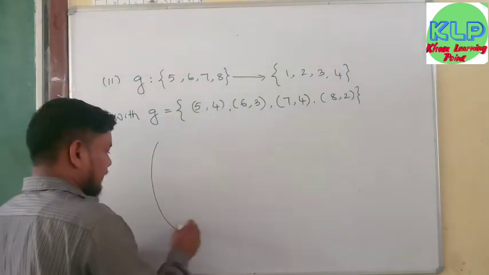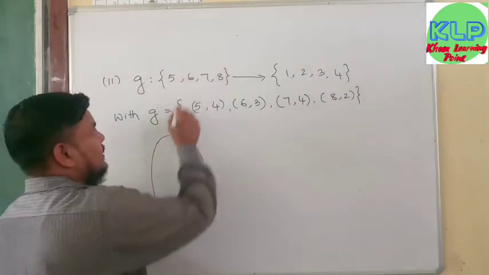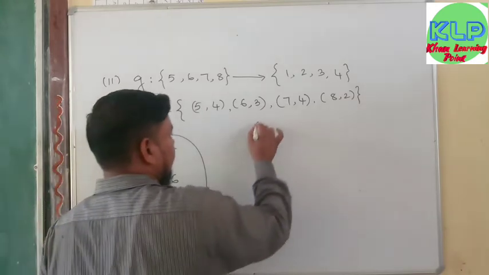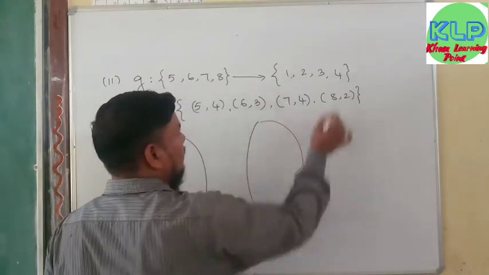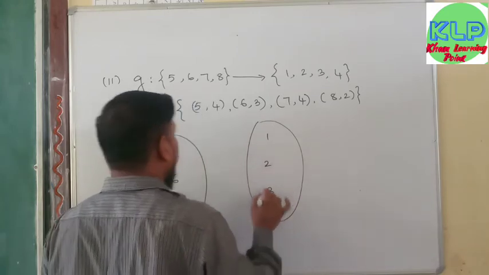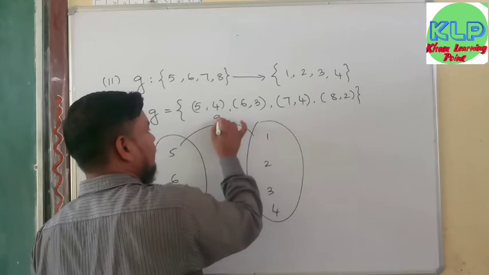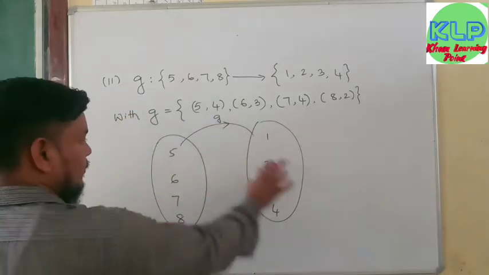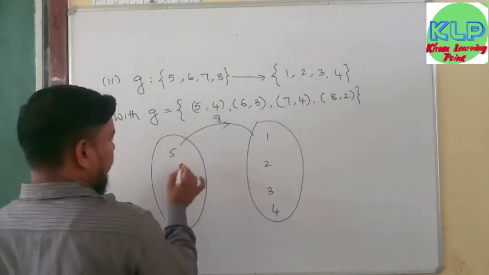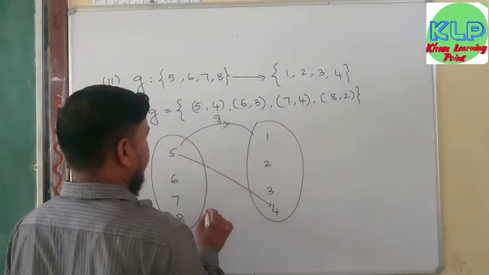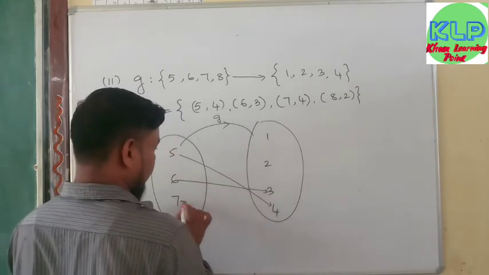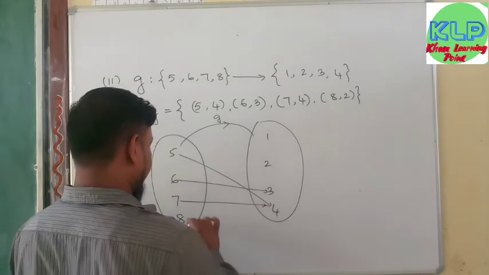Here, this is the domain which contains the elements 5, 6, 7, 8, and this is the codomain of the function which contains the elements 1, 2, 3, 4, and the function is from this set to this set. The image of 5 is 4, image of 6 is 3, image of 7 is 4, image of 8 is 2.